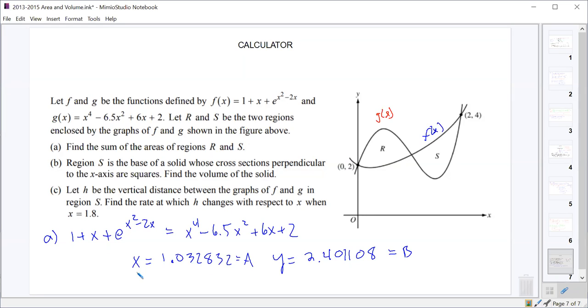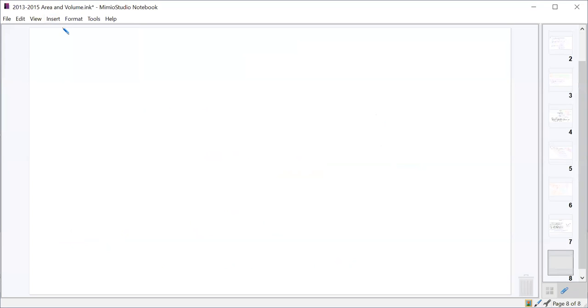So our area should have been, for R, G minus F from 0 to our A value. So the integral from 0 to A of g of x minus f of x dx.